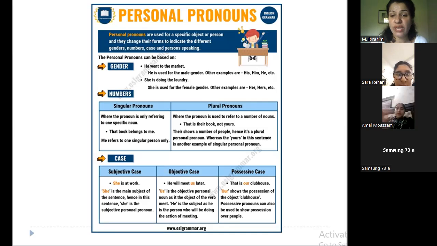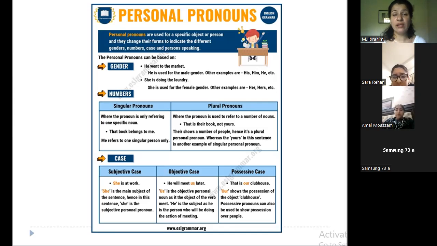Where the pronoun is used to refer to a number of nouns, that is their book, not yours, their, ठीक है? उनकी किताब. There shows a number of people, hence it's a plural person pronoun. Whereas the yours in this sentence is another example of singular personal pronoun. Okay, yours is you, possession show ho rahi hai, hence yours depicts a singular noun. We're going to come to the case.